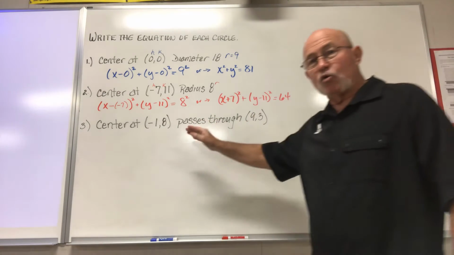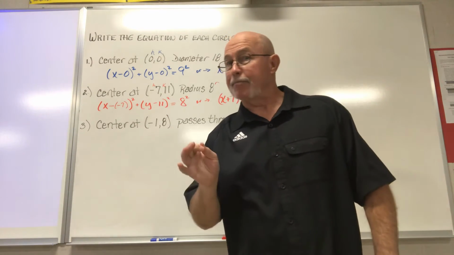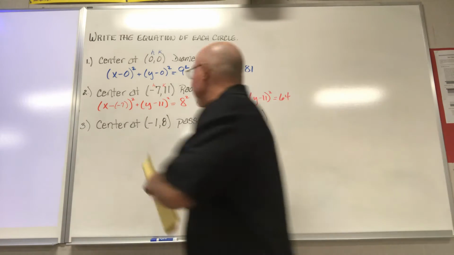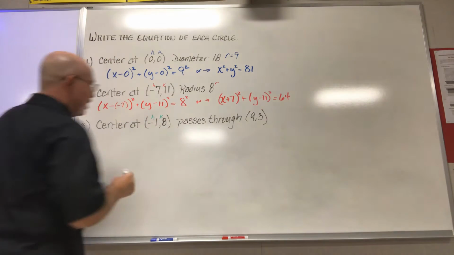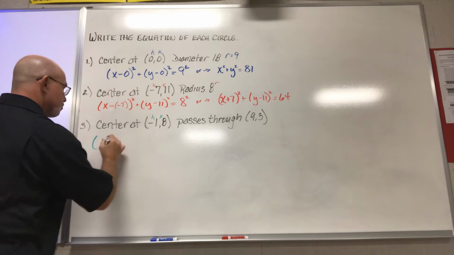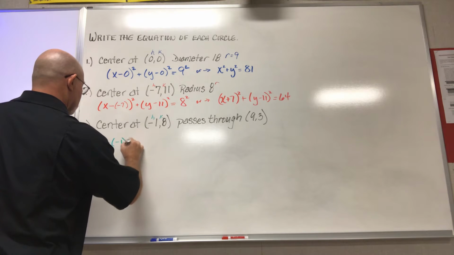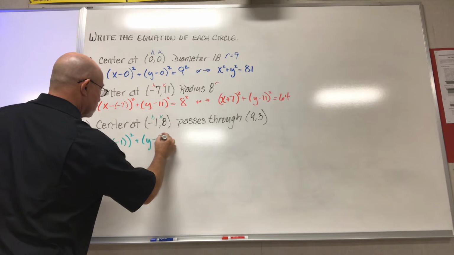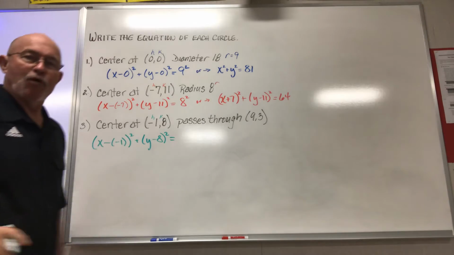Now, this one is where we have to do an extra step. We have the center, so we already have our H and K. But we don't have our radius.